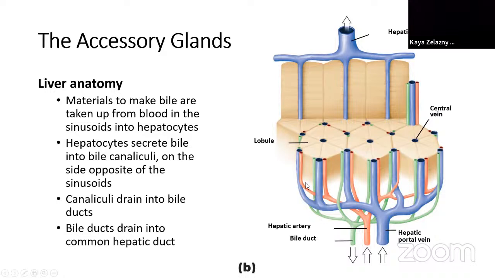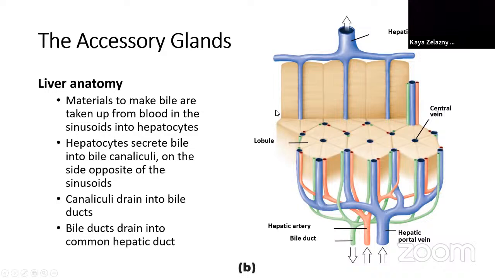You can see along the corners of each lobule, we have a vein, we have an artery, and we have a bile duct. So we're bringing our nutrients in on those veins. The blood is going to pool in these structures called sinusoids. I have not been able to find a picture of them, but they're basically just pools of blood where we can have exchange of materials.